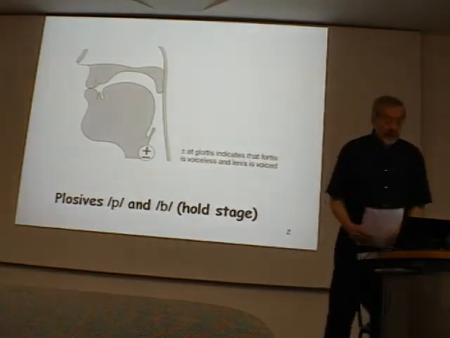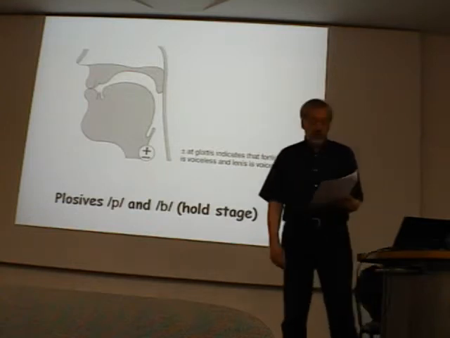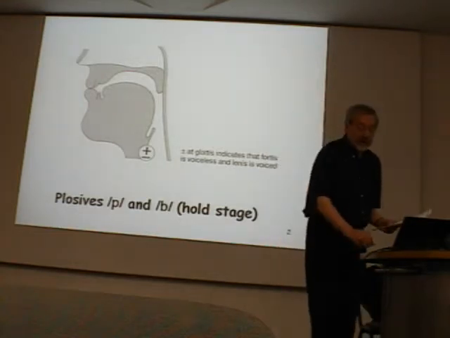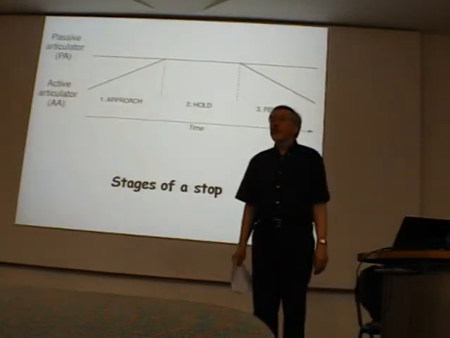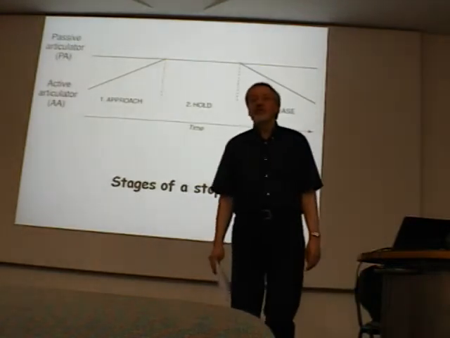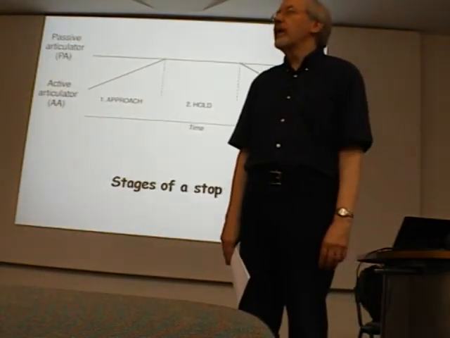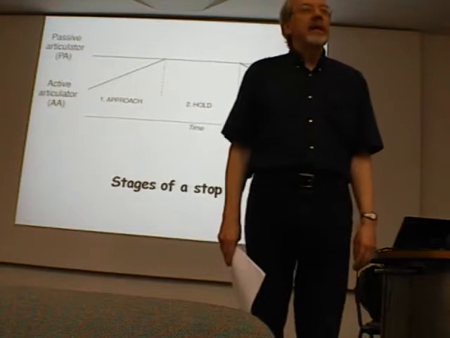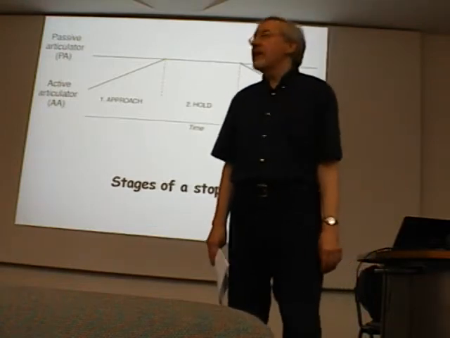Then we have another way of describing our consonants and showing what exactly goes on, because we can show the stages of a stop consonant. This type of diagram we can call a timing diagram. It represents the sequence in time.